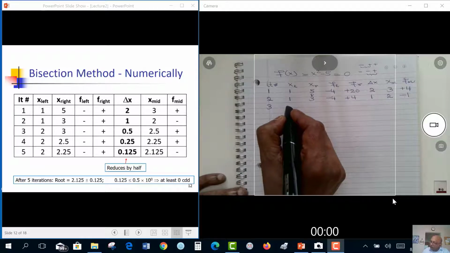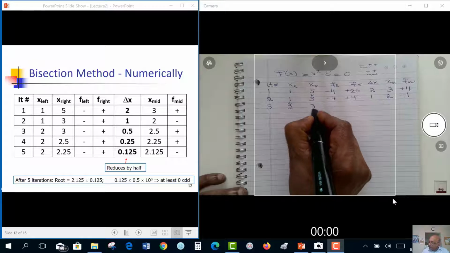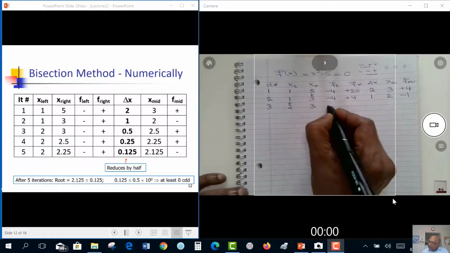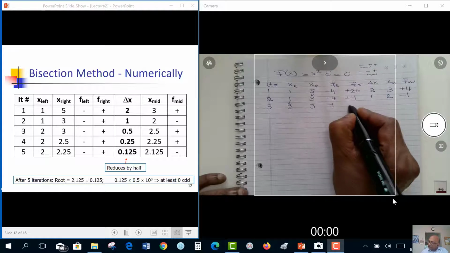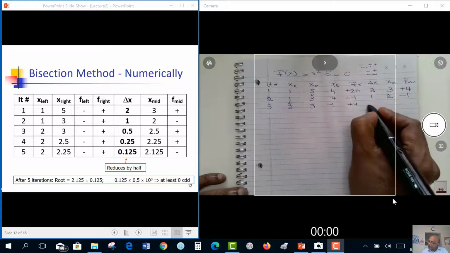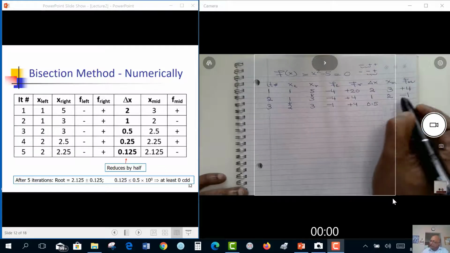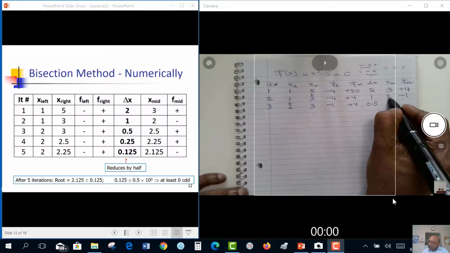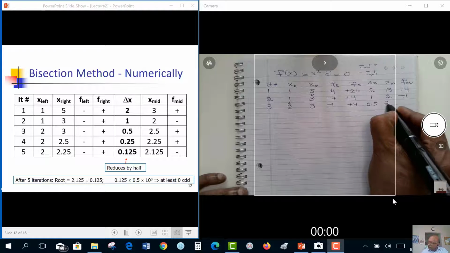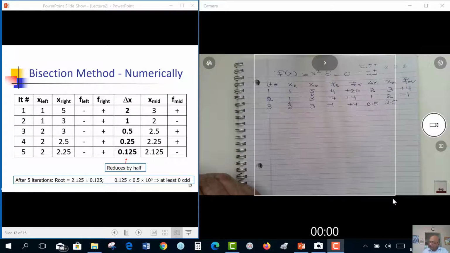So we move the left marker to 2, leave the right marker at 3. So our left value is now -1, right value remains plus. Our delta x now is half of what it was. The x middle is left plus delta x, 2.5, and we keep on going.